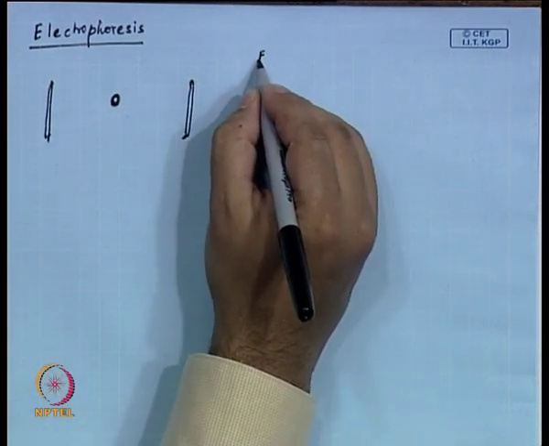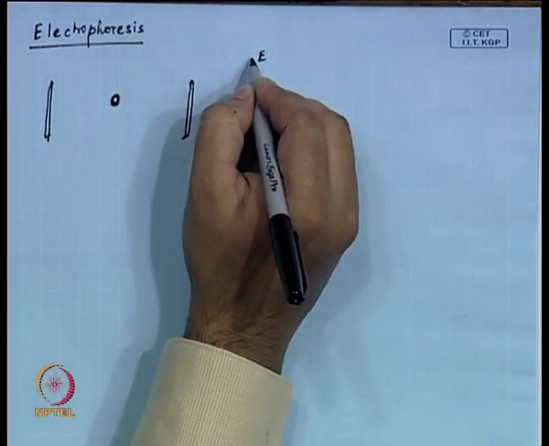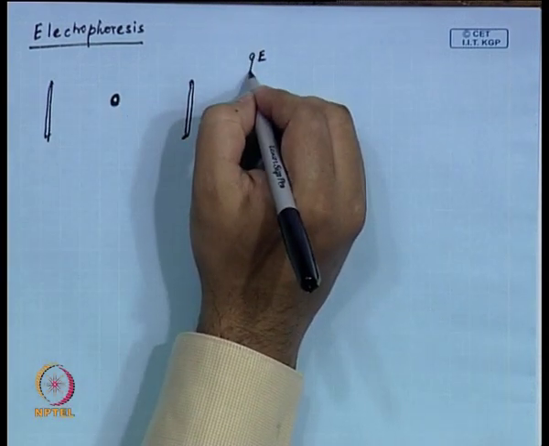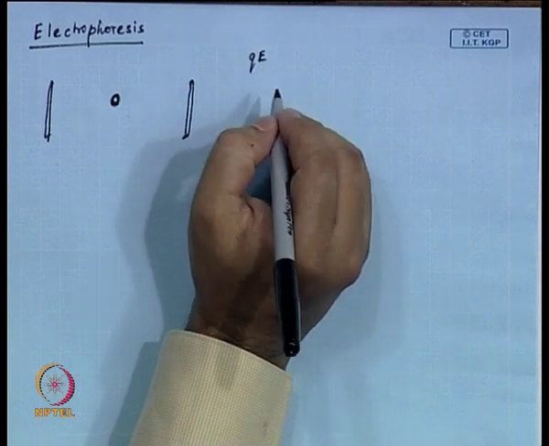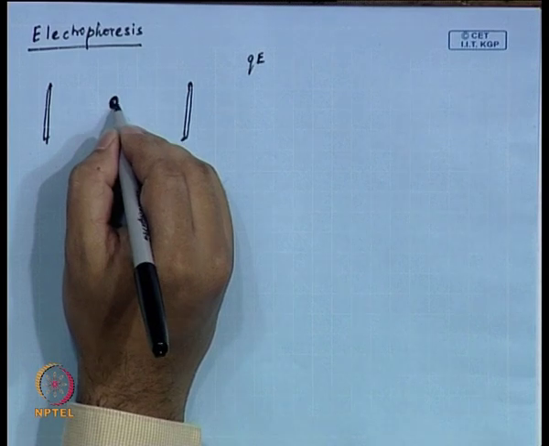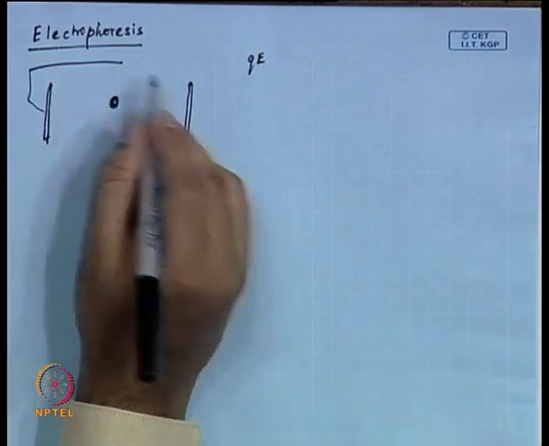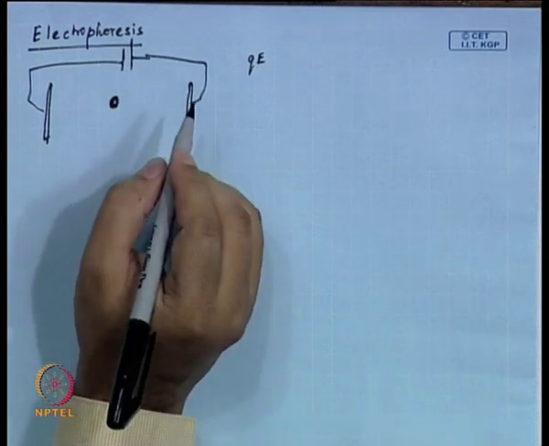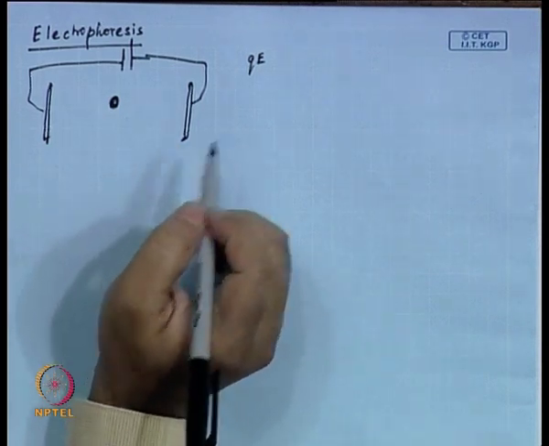You have imposed an electric field E, and this particle has charge Q. So, if the particle is small, then the force exerted would be equal to Q into E, and that force would be imposed on the particle if these are connected.